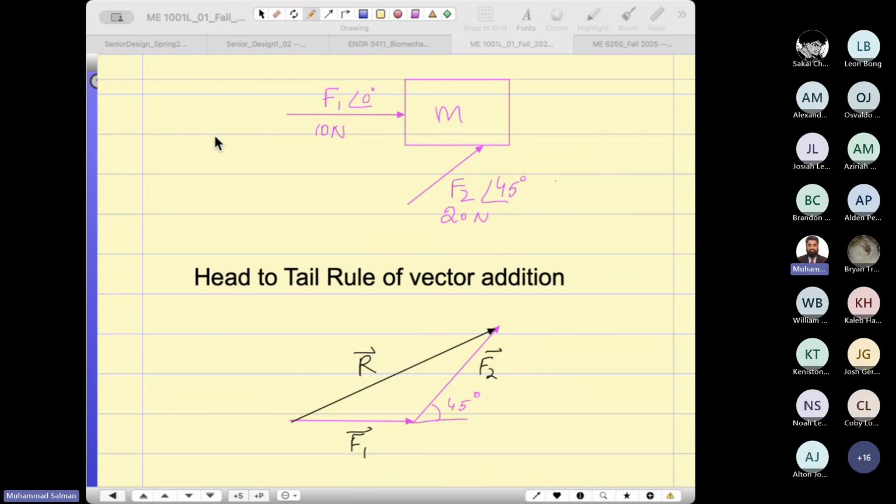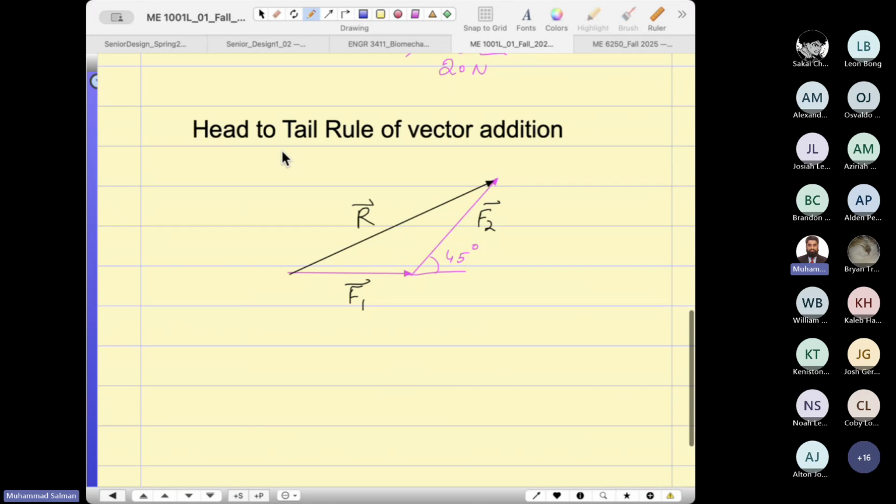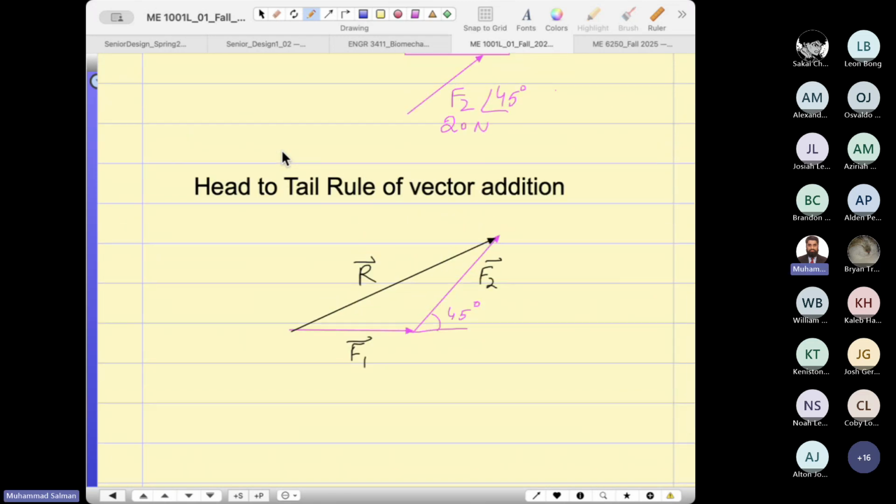And now we want to make sure that you understand how to use this. Suppose this is angle theta. This is 180.